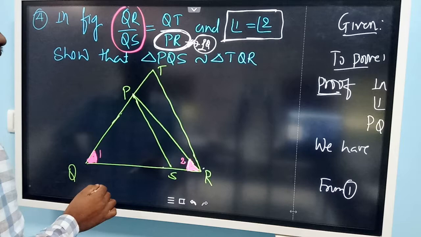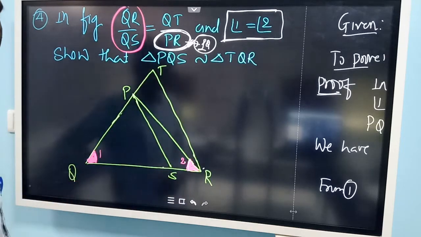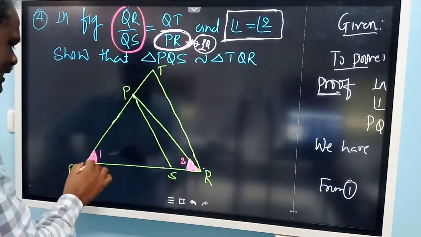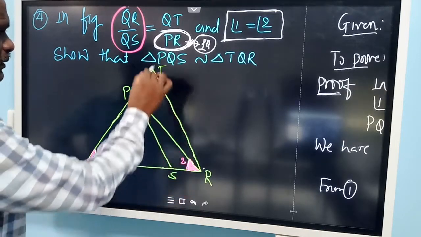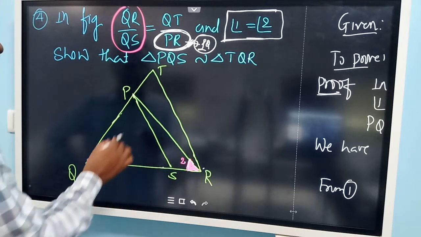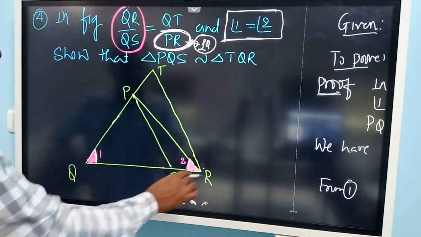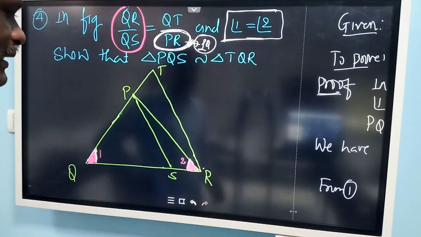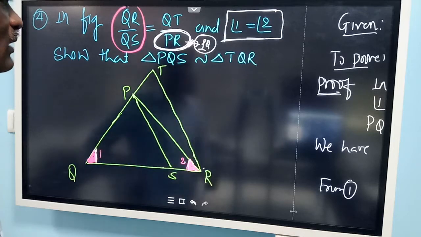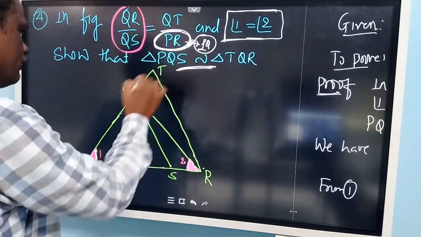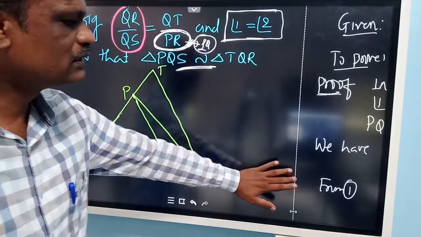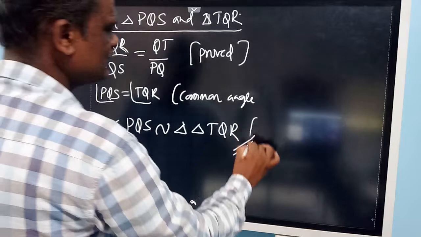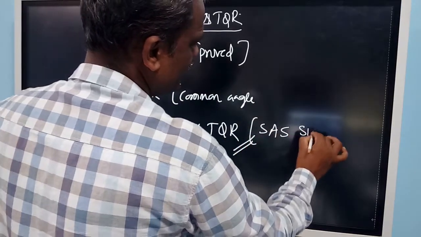So two sides of the two triangles are proportional. And again in the bigger triangle and in the smaller triangle, angle Q is common. Therefore by SAS similarity, triangles PQS and TQR are similar.